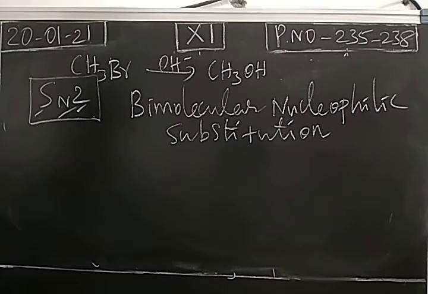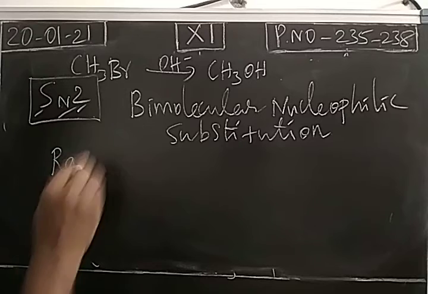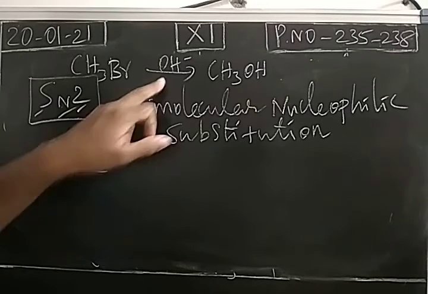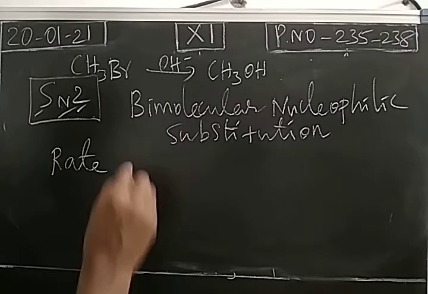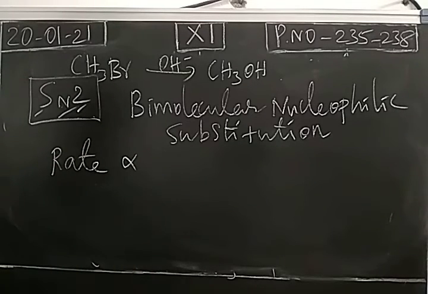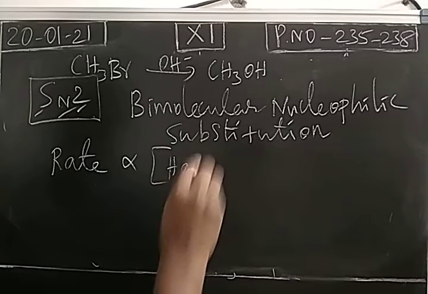Why do we have to say the nucleophilic substitution as bimolecular nucleophilic substitution? Because the rate of this nucleophilic substitution reaction depends on the concentration of the substrate. So what is the substrate here? Haloalkane.